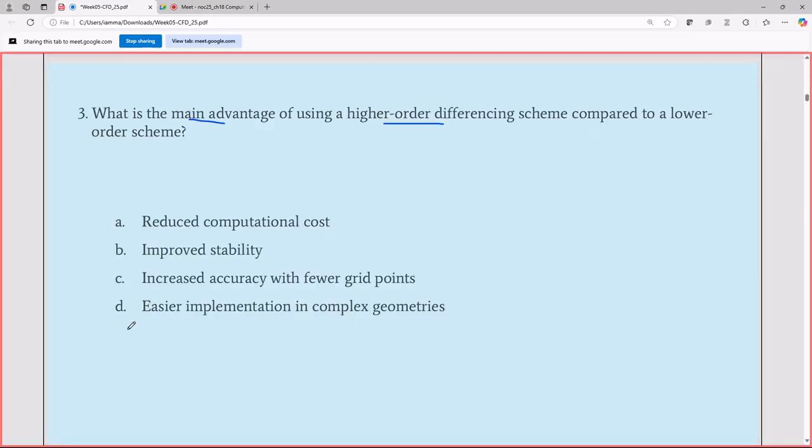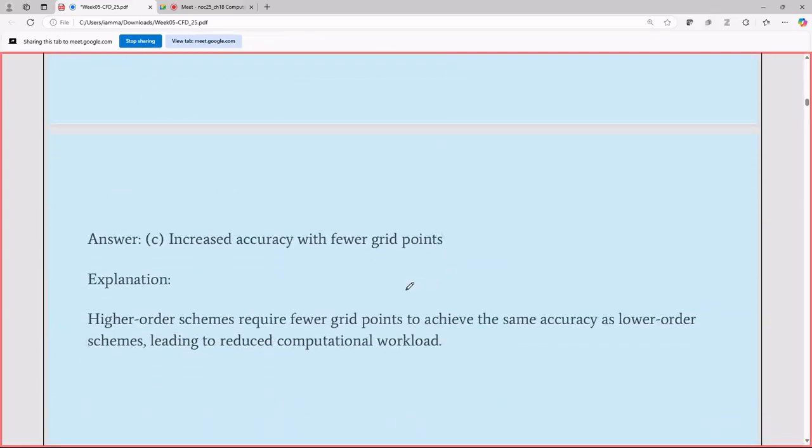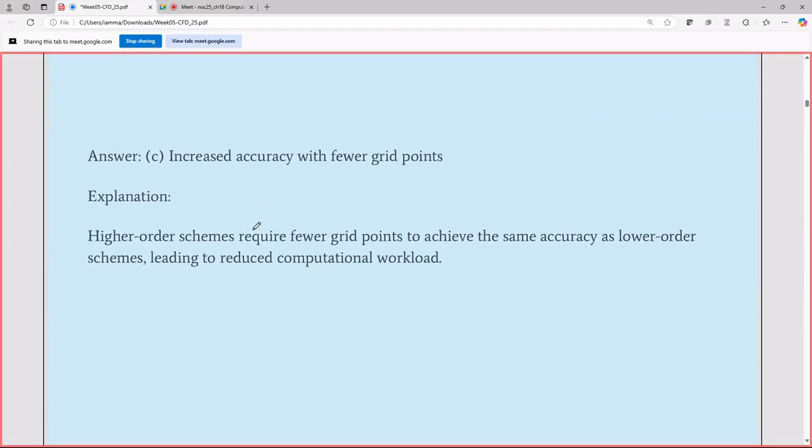Our answer is option D, sorry, option C, increased accuracy with fewer grid points. The main advantage of using higher order schemes for discretization is that it will only require fewer grid points to achieve the same accuracy as lower order schemes, leading to reduced computational workload.